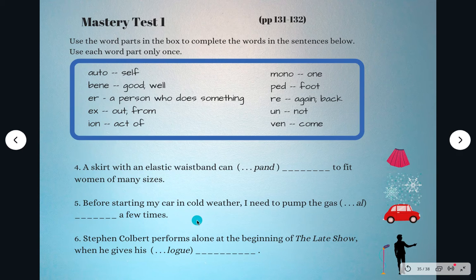Five, before starting my car in cold weather, I need to pump the gas something a few times, something to do with the foot. Stephen Colbert performs alone at the beginning of The Late Show when he gives his something log, and it's all by himself. Choose the word that means one, right?